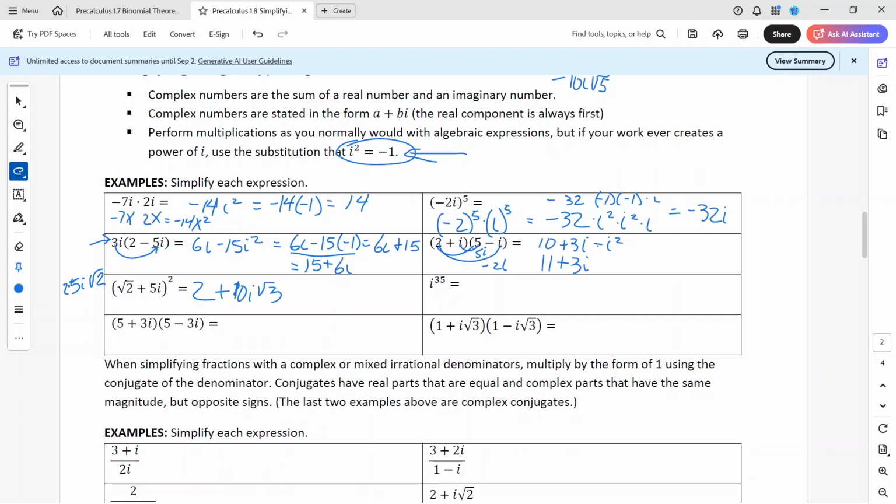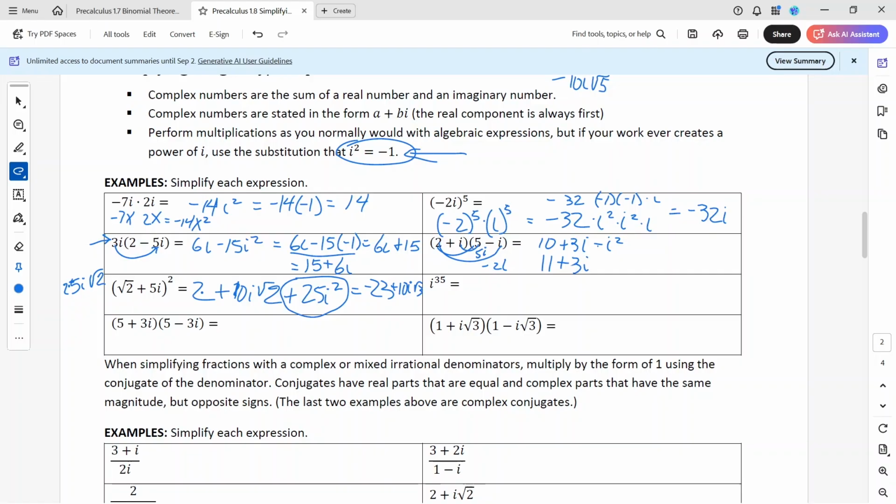And then last times last, darn it, last times last would be 5 times 5, which is 25. But then i times i is i squared. Now, hopefully at this point you're beginning to catch on that i squared is a negative 1, and 25 times negative 1 is negative 25. So I'm going to combine that with the whole number 2, the like plus like, and get a negative 23, and then plus the 10i square root of 2.